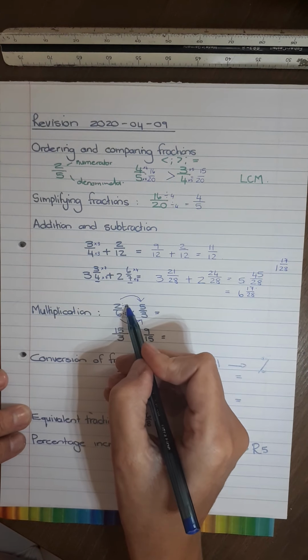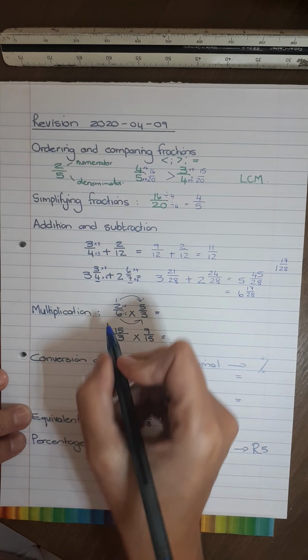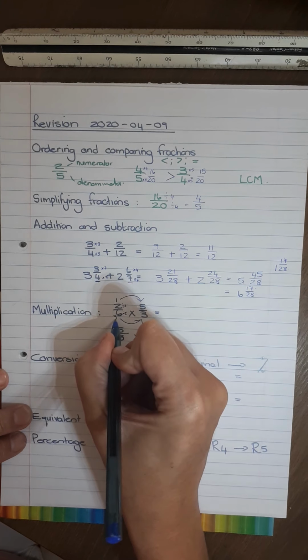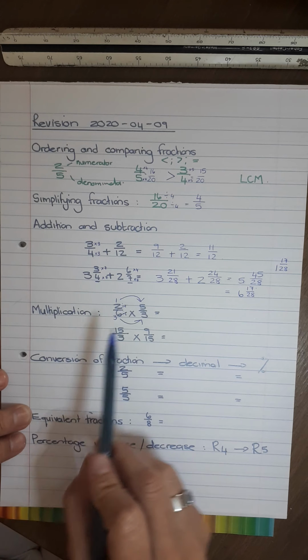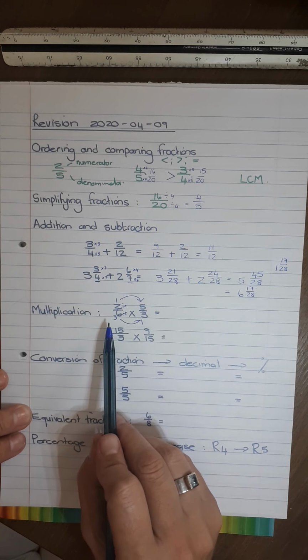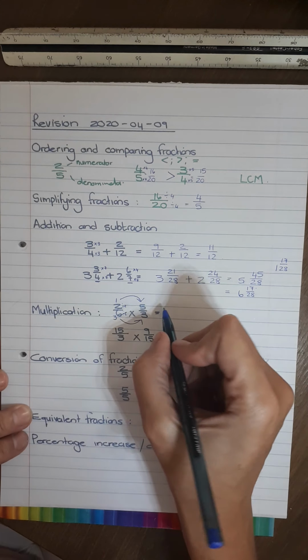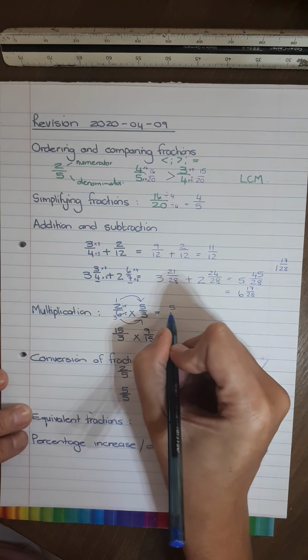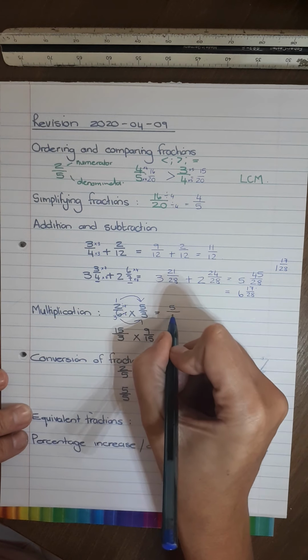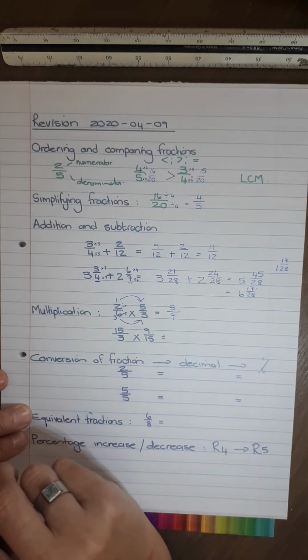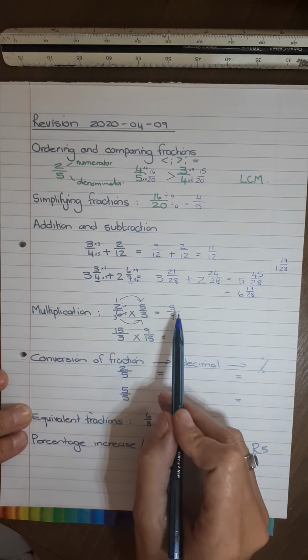If I do that, 2 divided by 2 will give me 1, and 6 divided by 2 will give me 3. Now I just need to multiply the top with the top and the bottom with the bottom. And if I do that, I'm going to end up with 5 over 9. 5 out of 9 parts, 5/9.